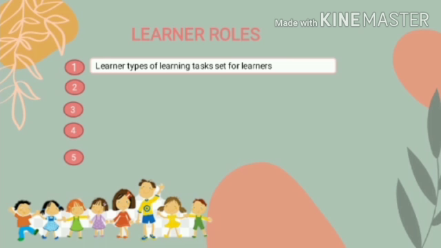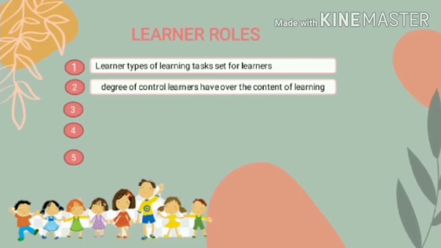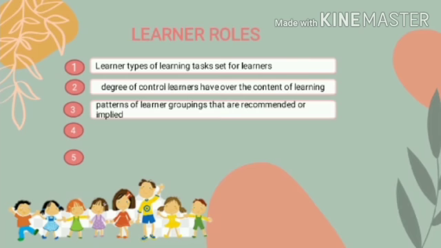It shows that learners plan their own learning program, and thus ultimately assume responsibility for what they do in the classroom. And then, the degree of control learners have over the content of learning. It is that learners monitor and evaluate their own progress. And then, the pattern of learner groupings that are recommended or implied.